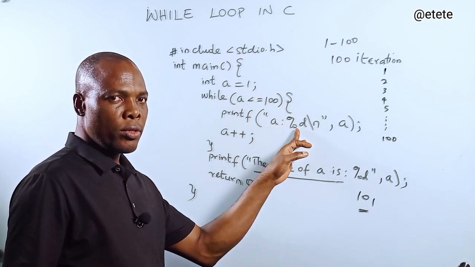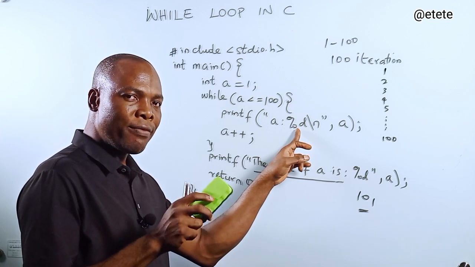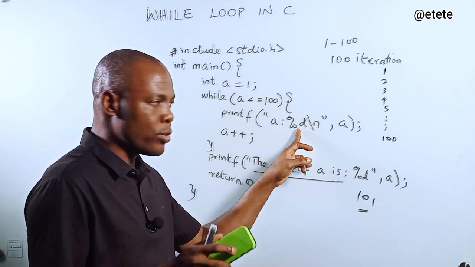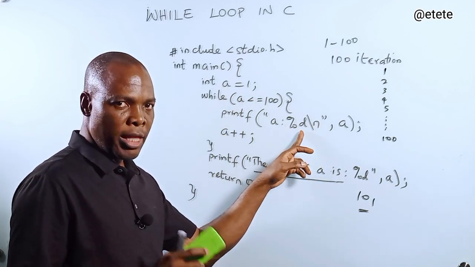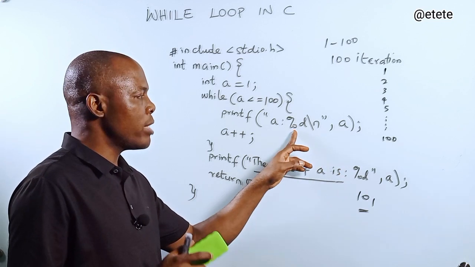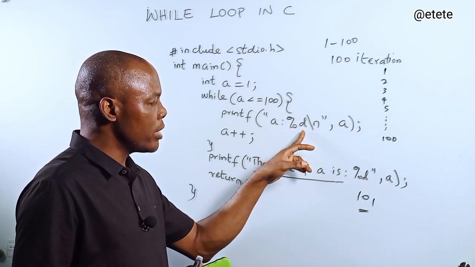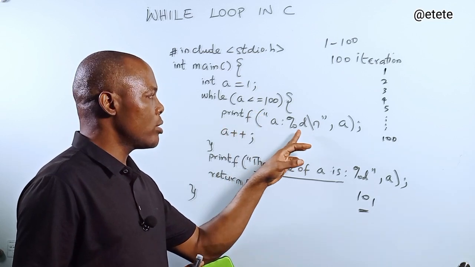This %d is a placeholder, a format specifier, telling you that the binary value you are going to see in the memory, you have to go to the integer realm to interpret it. And that will be what? The address of a. When you go to the address of a, the value that you will see there in binary form, go to the integer realm to interpret it.